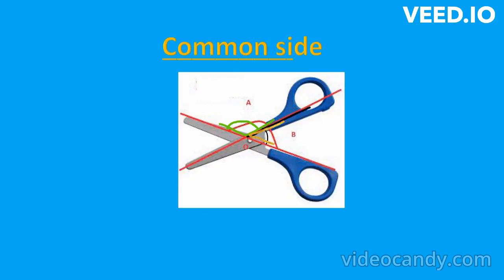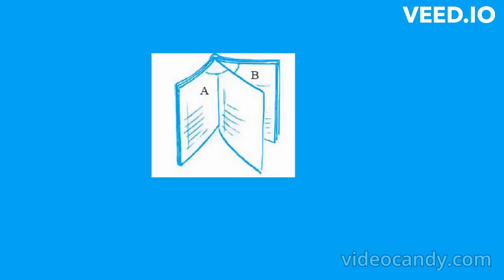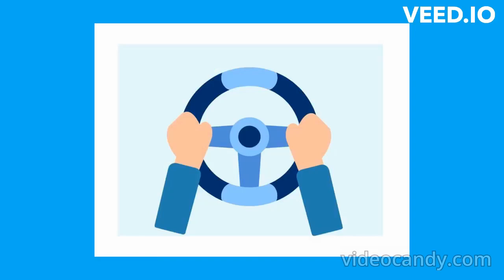That's why these two angles are called adjacent angles. Here we have two adjacent angles because they share a common side. These are adjacent angles. They share a common side. This one.